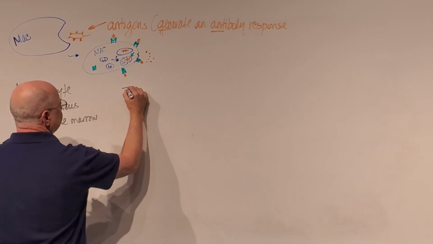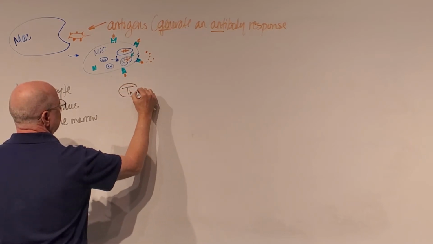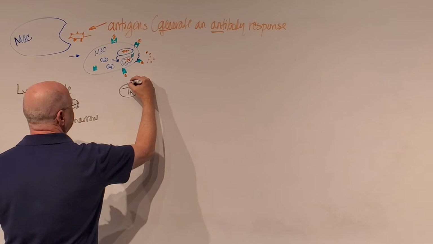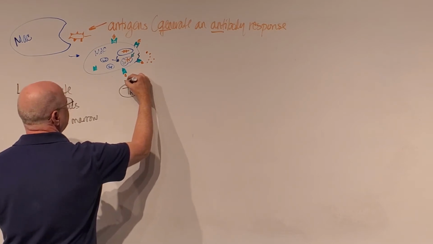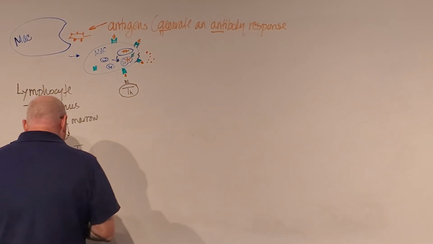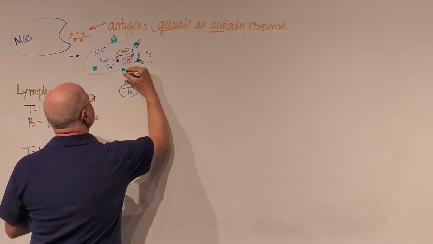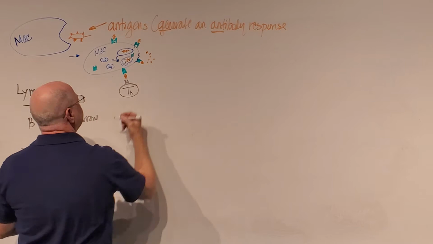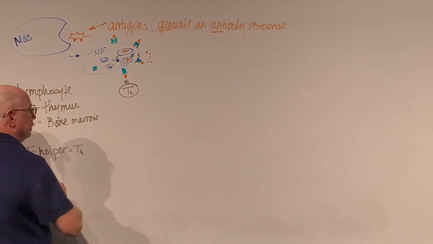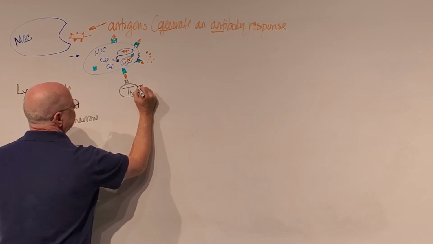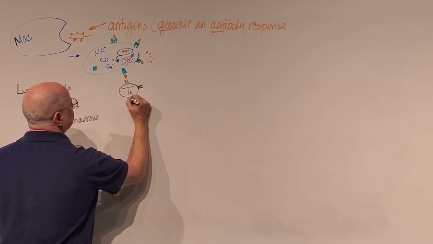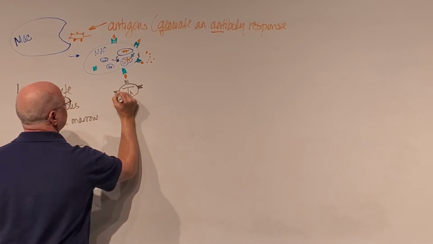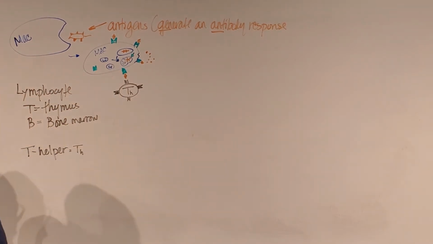T helper cells have on their surface another protein that might recognize this specific antigen. Since this specific antigen has a specific shape, if a T helper cell has a surface molecule that can bind that antigen, it will bind to this antigen presenting cell.